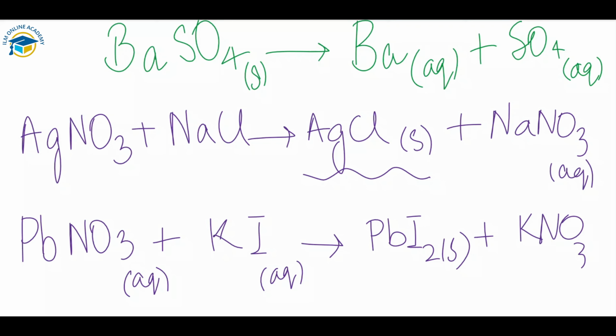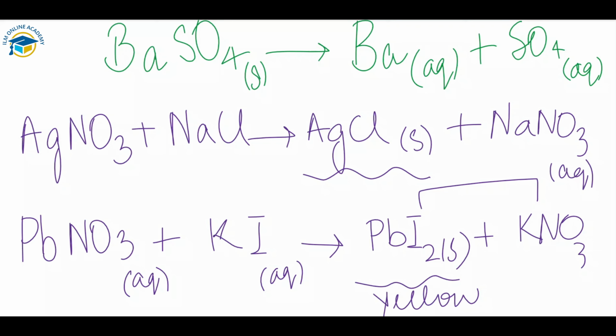These are the yellow precipitates of the lead iodide, and they can be recovered by filtration. We can filter this solution, and after filtration on the filter paper you have the precipitates of the insoluble salt lead iodide, and in the aqueous solution we have the potassium nitrate.